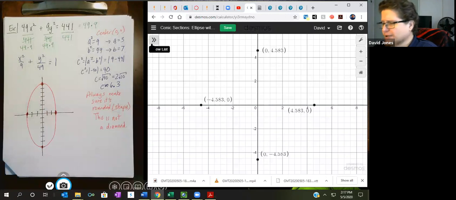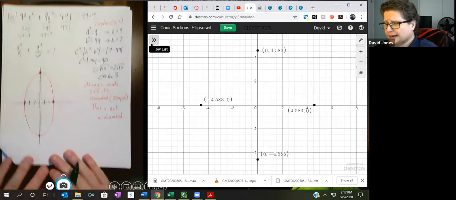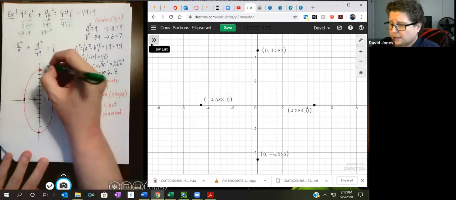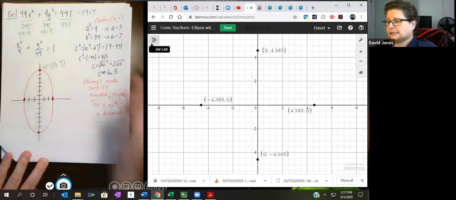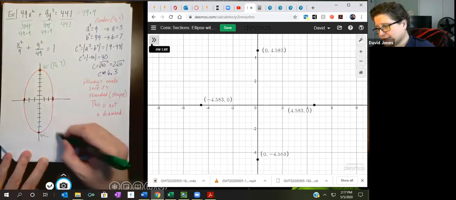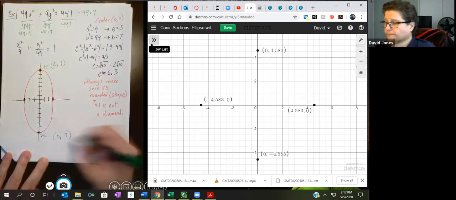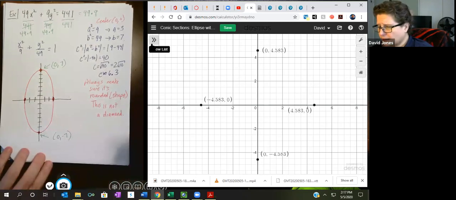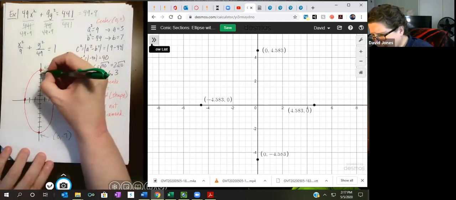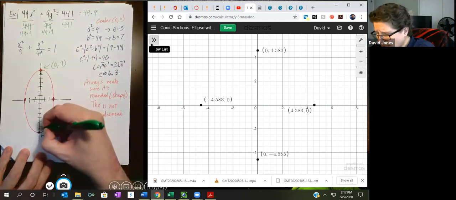Which of these are my vertices? The vertices are always on the major axis. The major axis is the long axis. So that point is a vertex, and that point's a vertex. 6.3 is relatively close to those, and it's on the major axis.